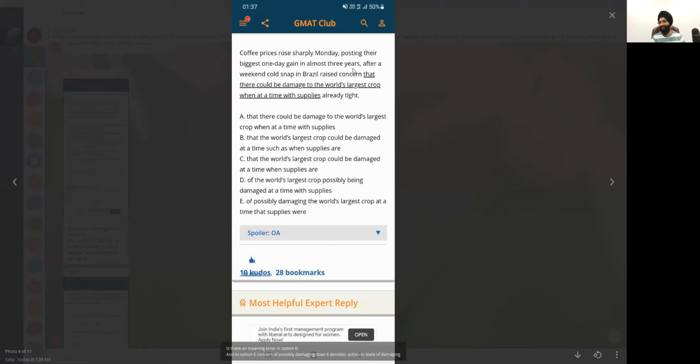After. So Akansha, there are a lot of words in English that play multiple roles, right? And that creates a lot of confusion. After can be a preposition, but after can also be a conjunction. It can also introduce a dependent clause. For example, after I came to know Akansha, I could see her brilliance, whatever, right?